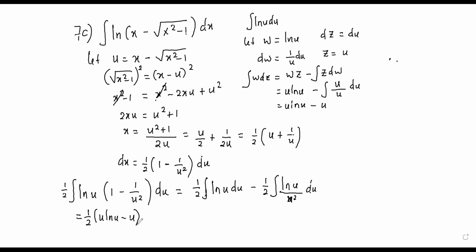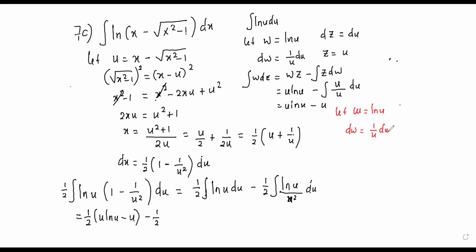Then we do the integral of ln u over u squared. Again, the same thing. Let w be ln u, so that dw is 1 over u du.